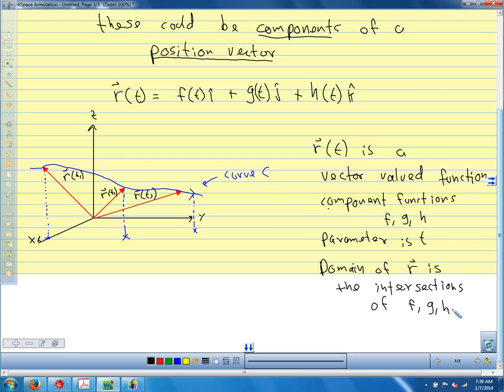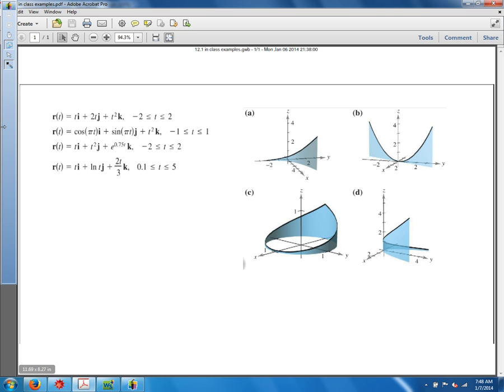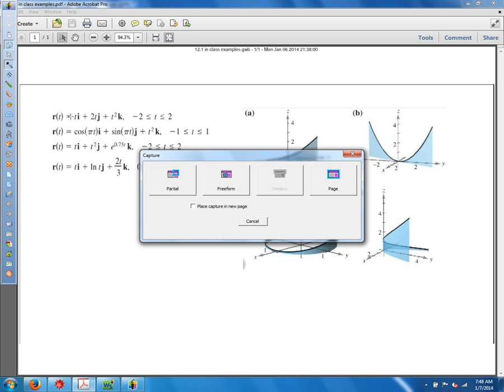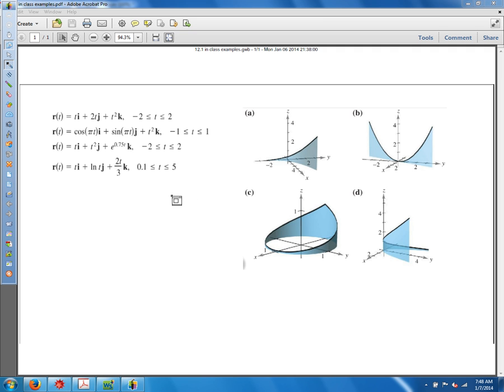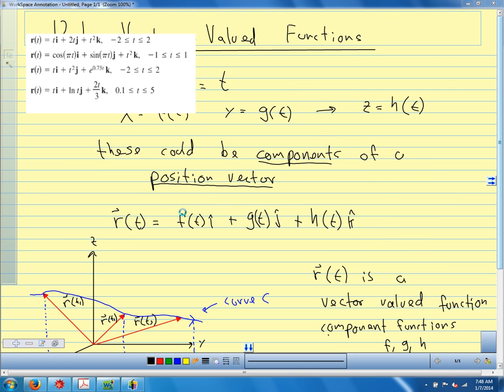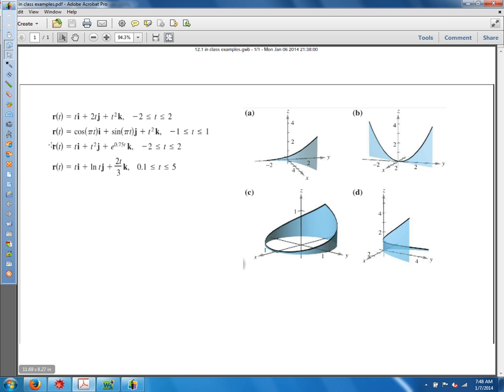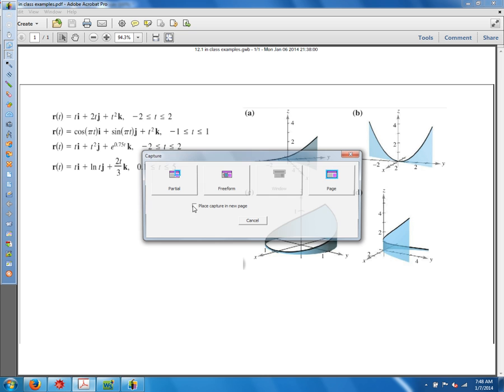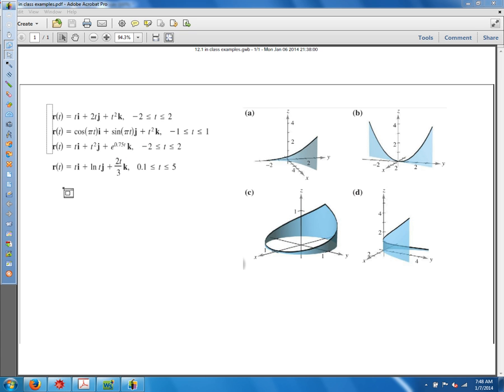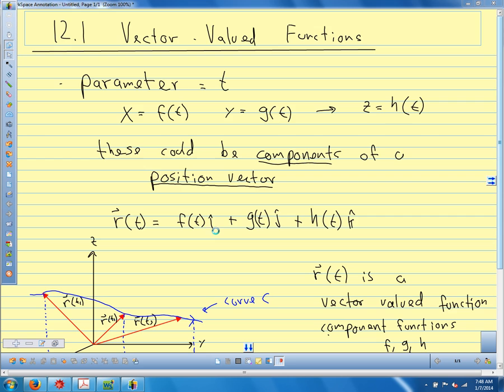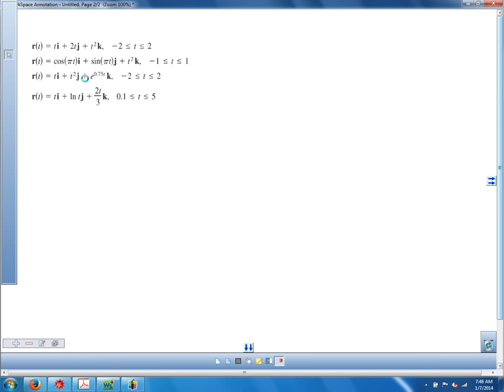So let me grab, I have some graphs and some equations, and I want to match these up. So let me grab the equations. There are our equations.